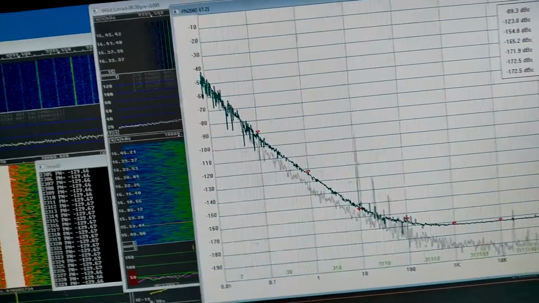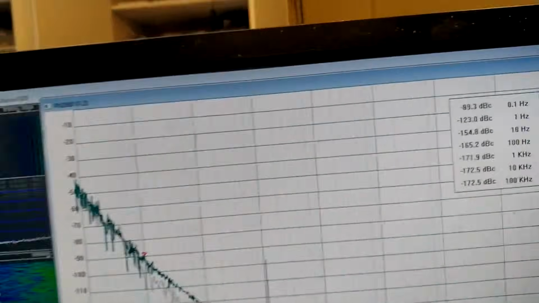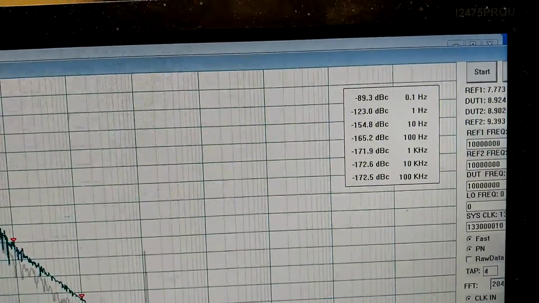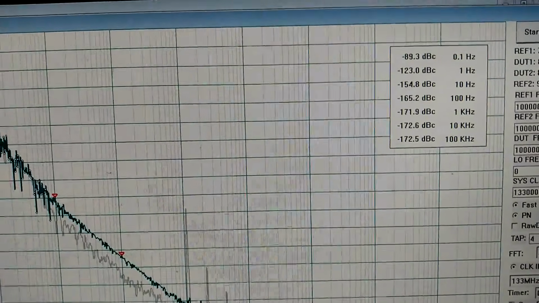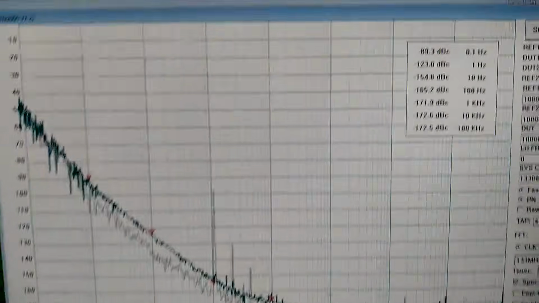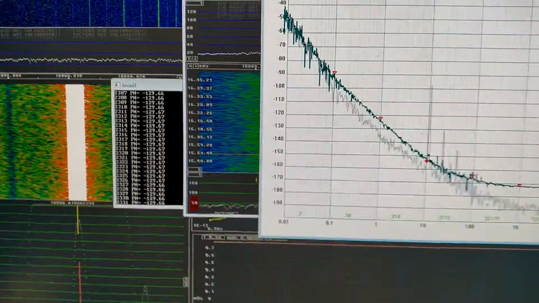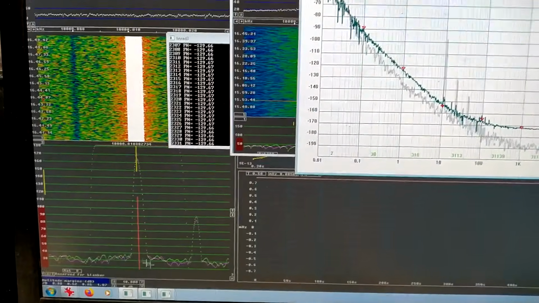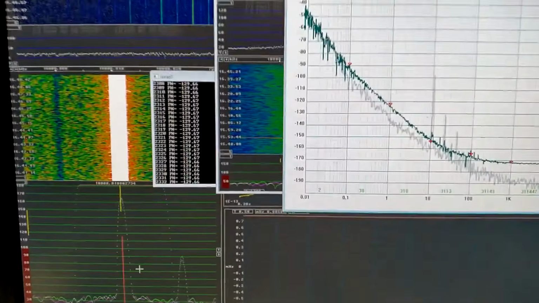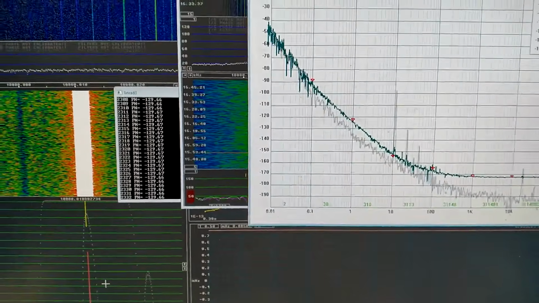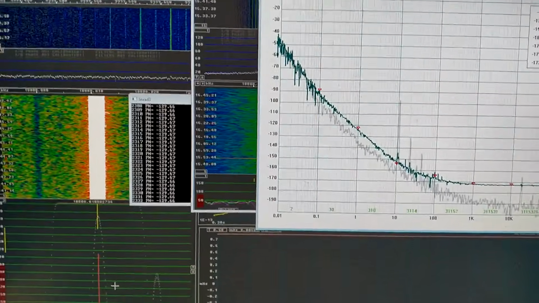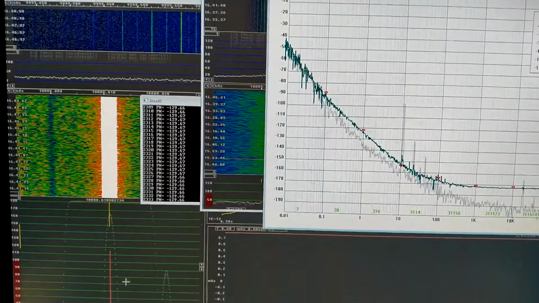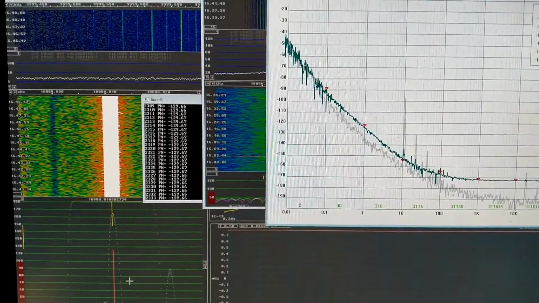The PN2060 tells me minus 123 dBc per hertz at 1 hertz offset. And before that interference event, it was a little better, but still significantly degraded compared with the slightly higher crystal current.